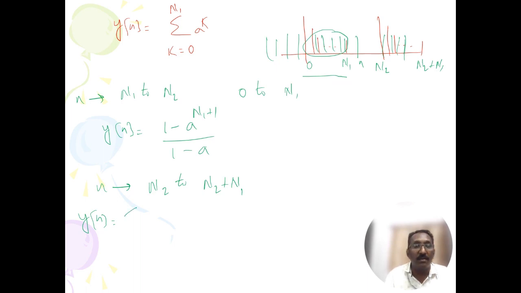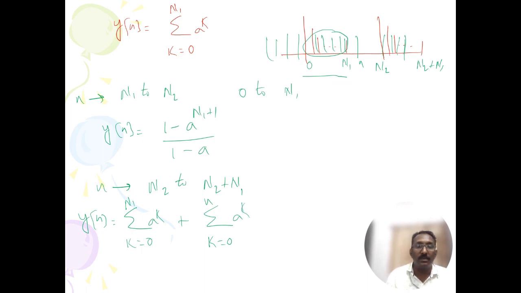So y of n, you have to consider a power k, k is equal to 0 to n1, plus the next term summation k is equal to 0 to, not capital N, this is small n, a power k.